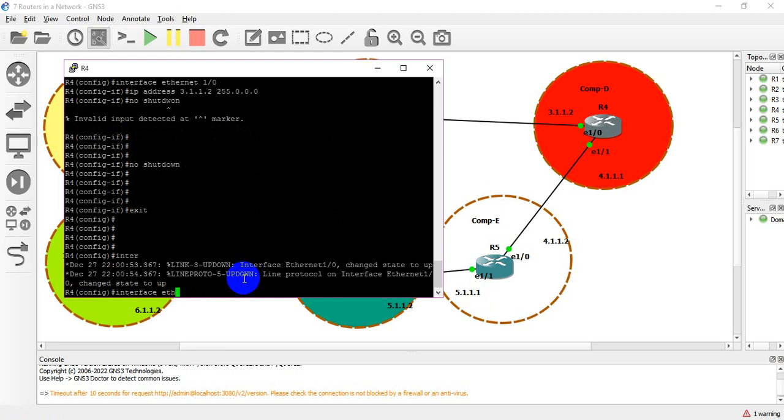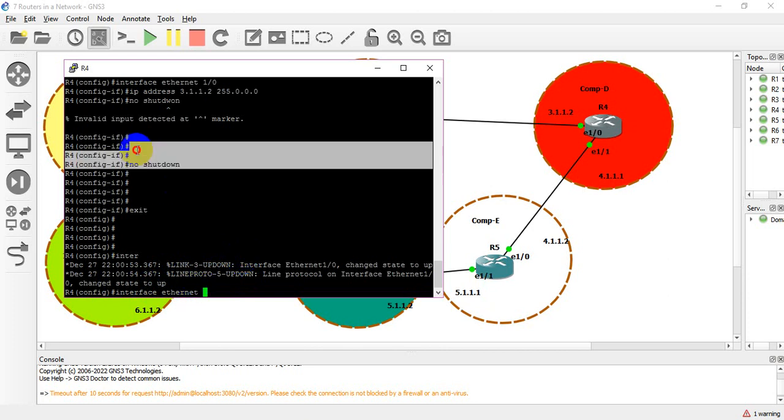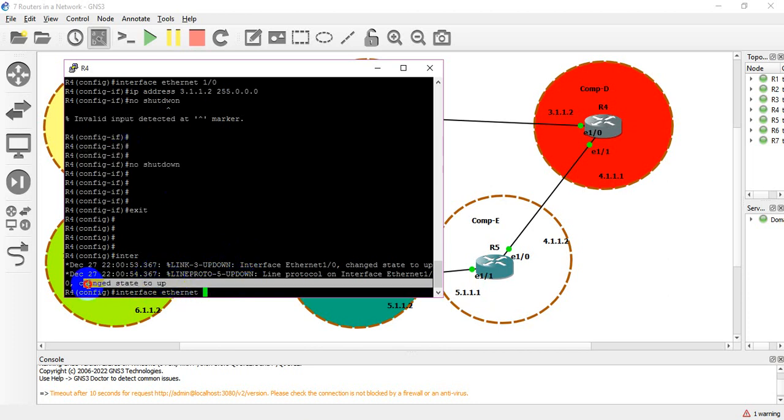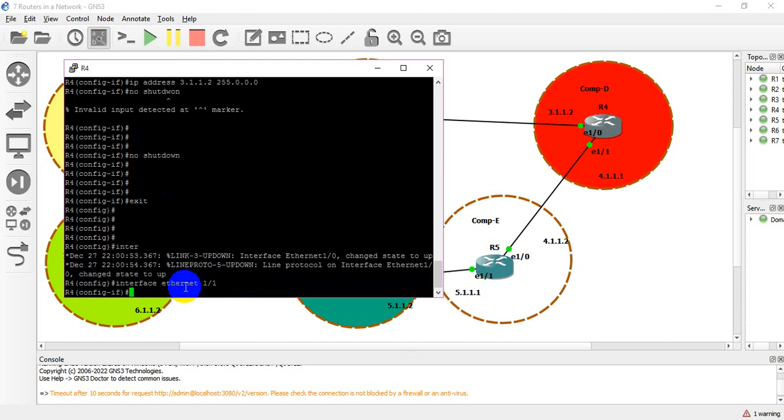Right here, interface Ethernet. As you can see in the result, the port is up, but this other port is down by default for communication. Now when we say no shutdown, it is up for communication. The state changes from down to up, and interface Ethernet 1/1 remains. So we should also configure this other port, to which we can assign an IP address.